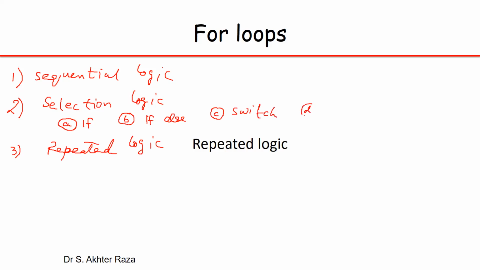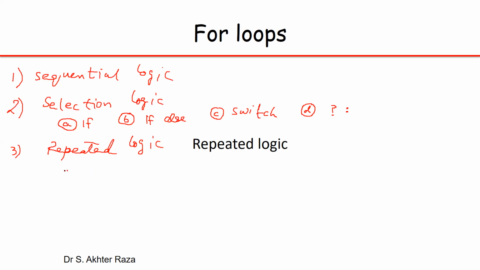And one more thing I discussed is known as the conditional operator, that is the question mark and colon operator. So these are the four elements we introduced under the heading of selection logic.